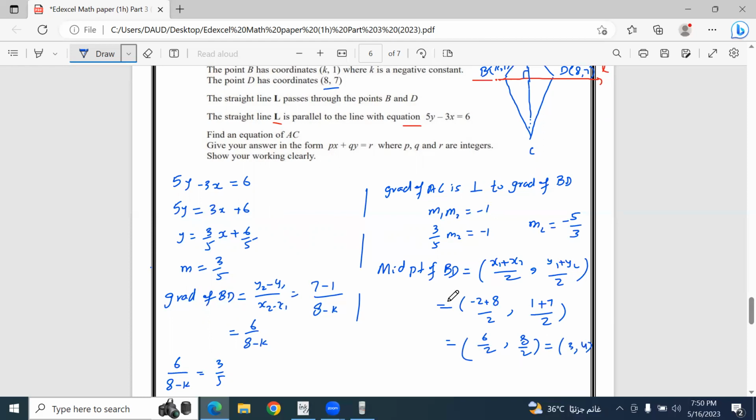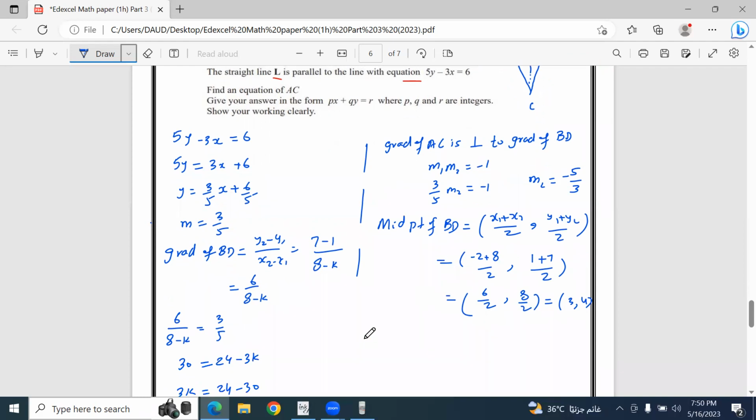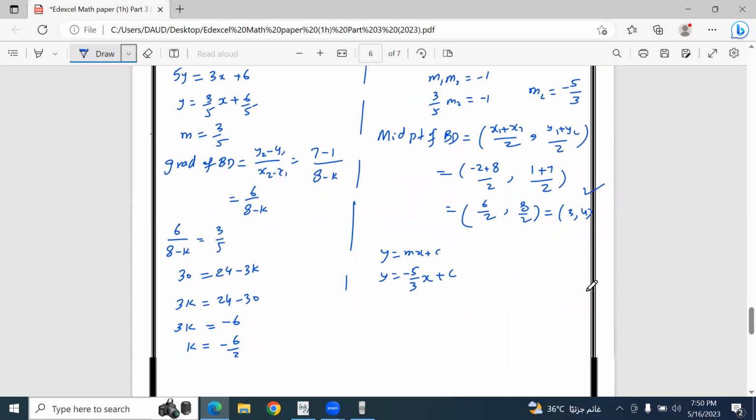So now our required equation of AC is y equals mx plus c, meaning y is equal to minus 5 over 3 x plus c. The line passes through the midpoint of BD, which is 3 and 4.